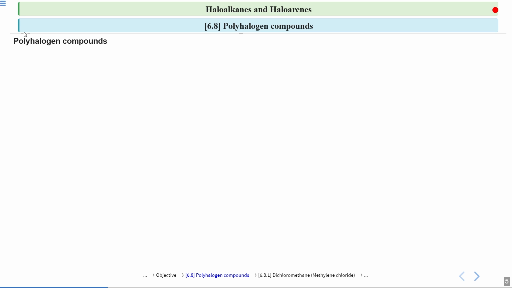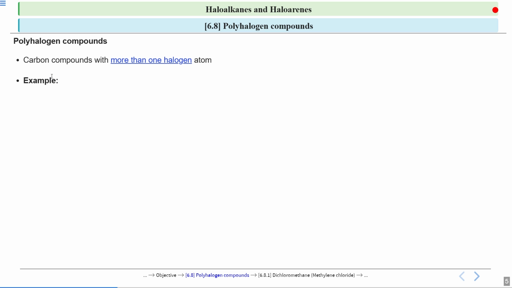So polyhalogen compounds, what are those? Carbon compounds with more than one halogen atom. Because we are saying polyhalogen, more halogen is going to be present in those compounds. So the carbon compounds having more than one halogen atom are known as polyhalogen compounds.